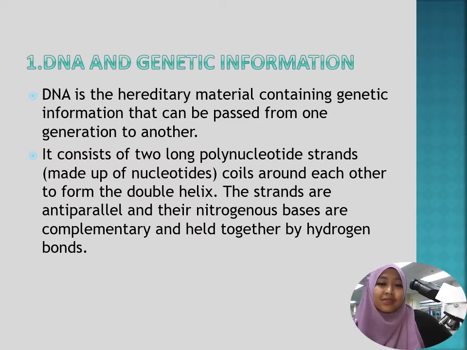The strands are antiparallel because one strand runs from 5 to 3 prime and the other from 3 to 5 prime. At the center of the DNA are the nitrogenous bases, made from purines and pyrimidines, held together by hydrogen bonds.